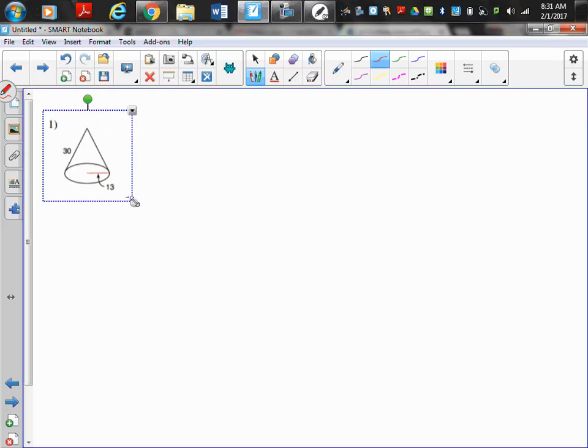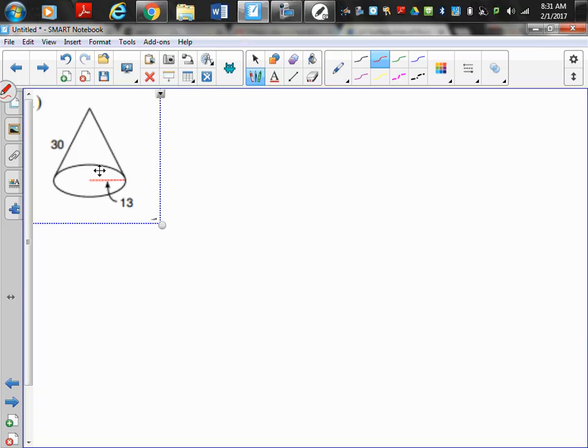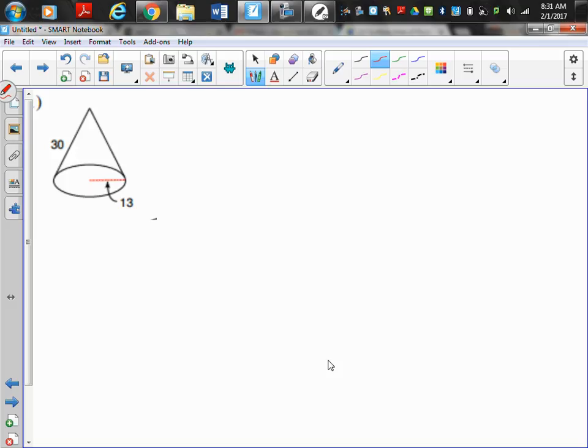Slant height is the height that is slanted. When we talked about pyramids, the slant height was the height of the triangle, not the height of the pyramid. It's the same thing in a cone. The slant height is the one that's on the outside.